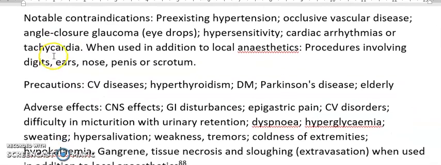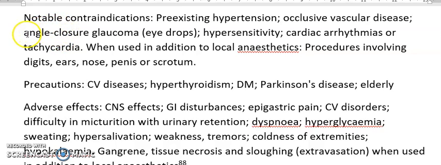So, notable contraindications. When do you not give adrenaline, or when do you try to avoid giving adrenaline? Firstly, patients with pre-existing hypertension, so they have a known high blood pressure. Secondly, occlusive vascular disease.